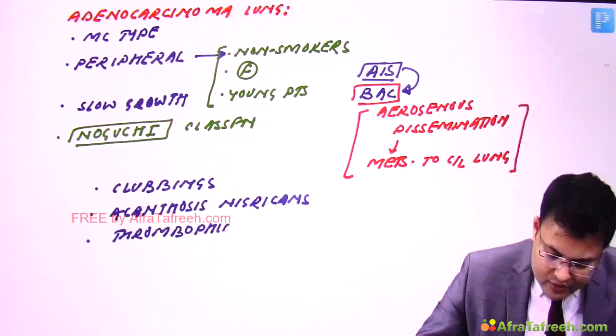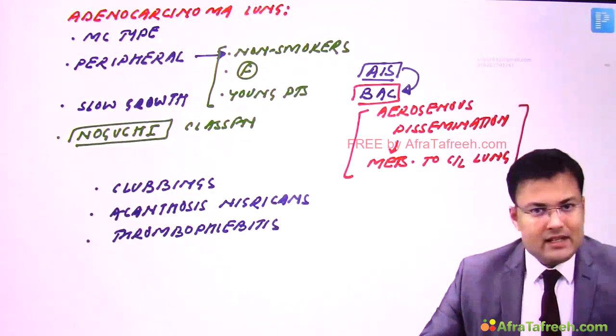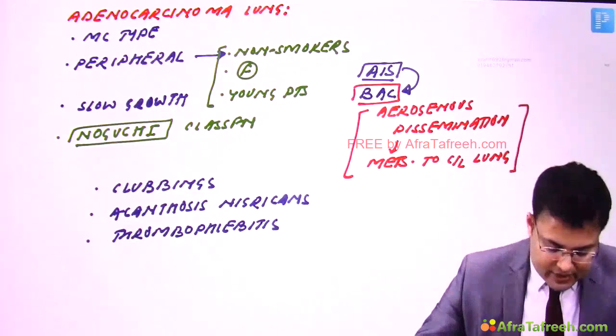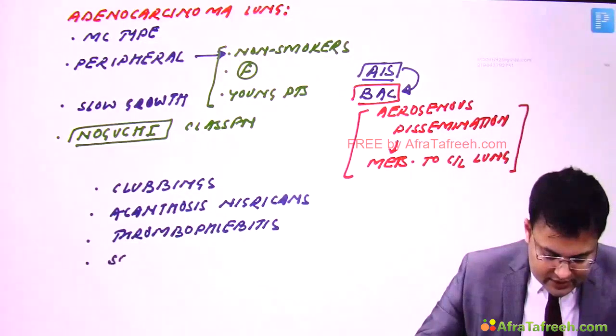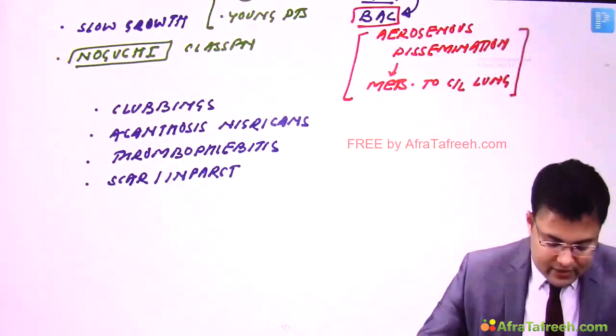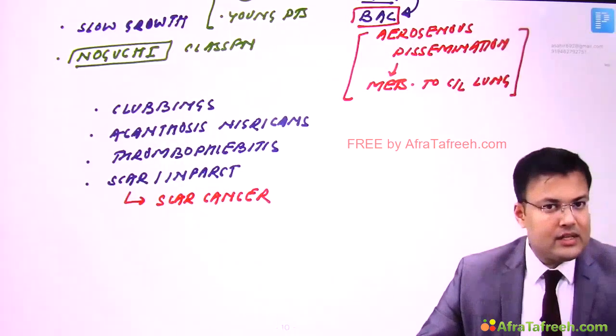Which type? Migratory superficial thrombophlebitis. And we discussed scar or infarct is a risk factor for adenocarcinoma. Since scar or infarct increases the risk of malignancy, which one? Adenocarcinoma. It is also known as scar cancer. Clear? So these are special features.